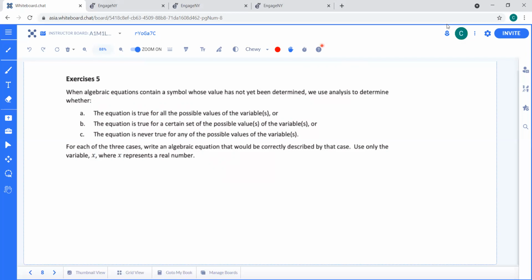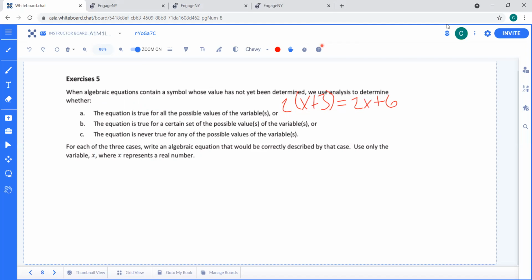So for A, we could say 2 times x plus 3 is equal to 2x plus 6. That can be determined, and therefore x will be true for anything we plug in. Whatever we plug in for x, that's going to equal.